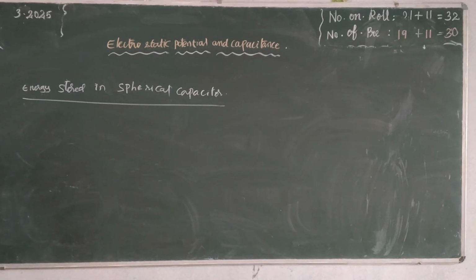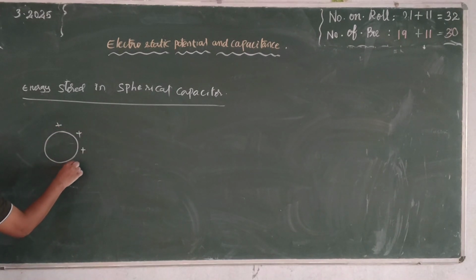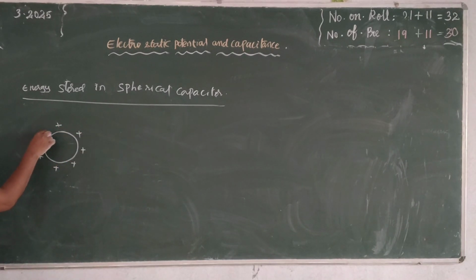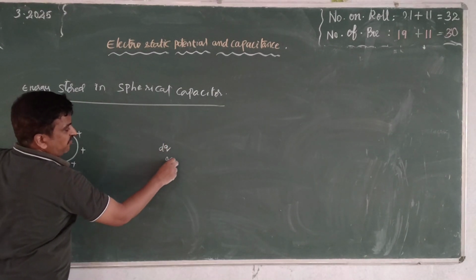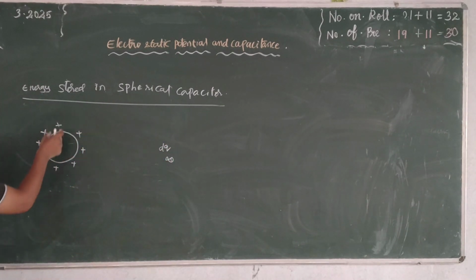Now here we can take one spherical conductor. It has charge plus Q. Initially no charge is there. For example, we can store charge. So dq charge is taken from infinity and held on the surface of the spherical conductor.